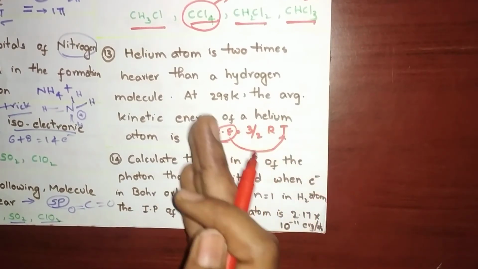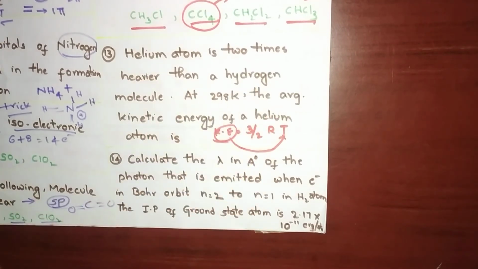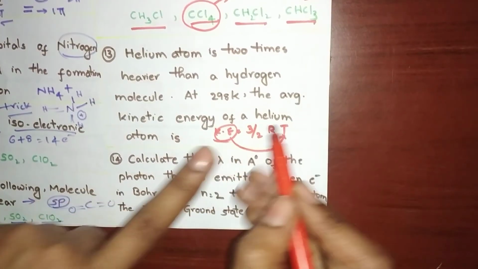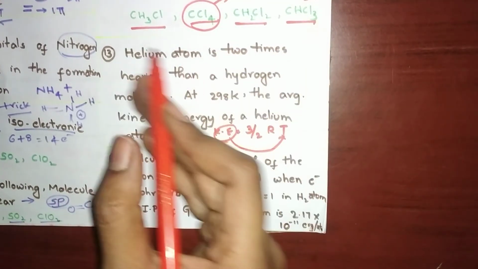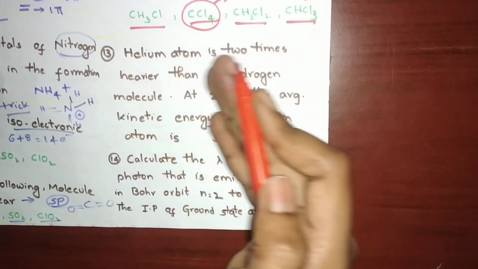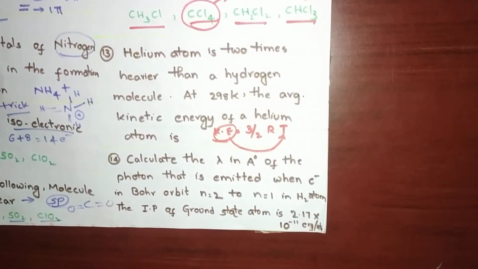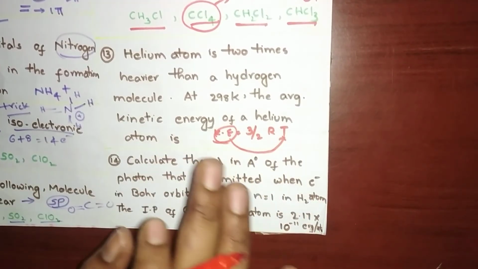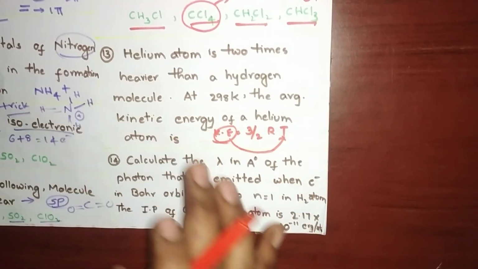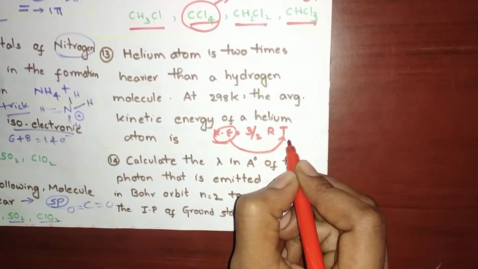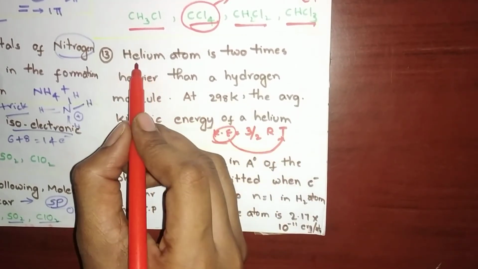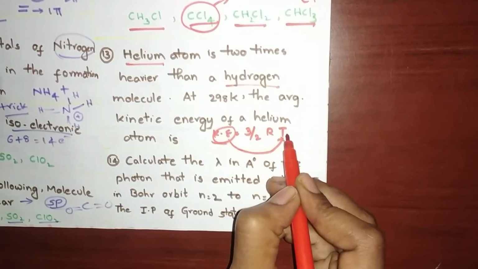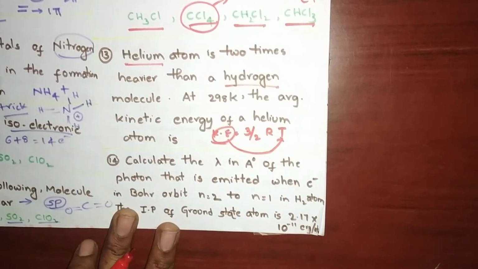You have to get the answer by comparing with hydrogen. There will be options. So kinetic energy depends upon temperature. Here they told you helium is 2 times heavier than hydrogen, so the kinetic energy, you have to find using the temperature. So helium and hydrogen both have the same kinetic energy, 3/2 RT, because both are at the same temperature.